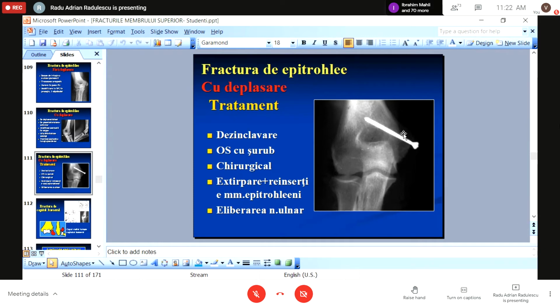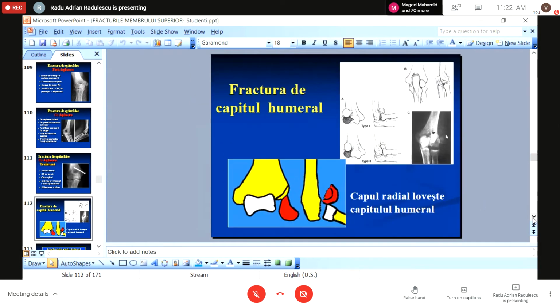And whether it is fixation with a screw or removal of the fragment, it must be accompanied by a release of the ulnar nerve in order for it not to be incorporated in the callus. The same mechanism that I have described for the humeral shaft fractures.